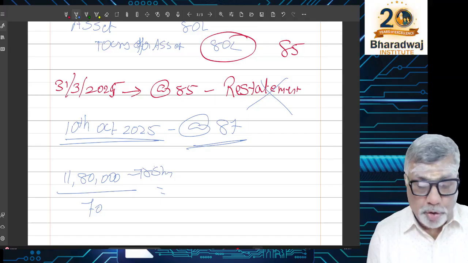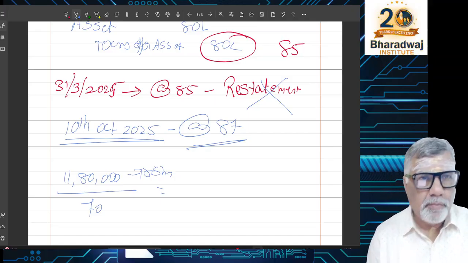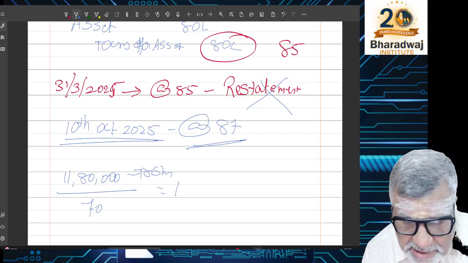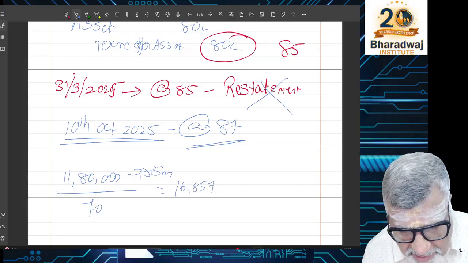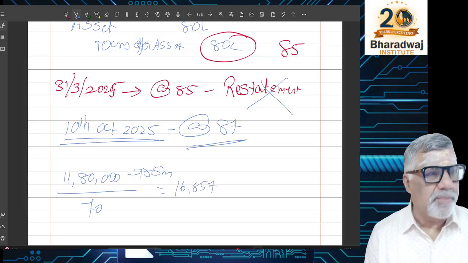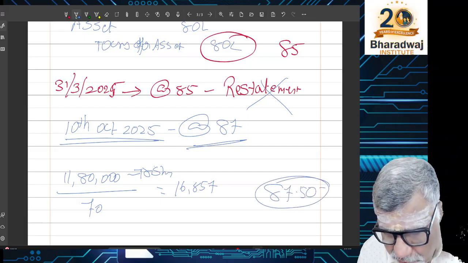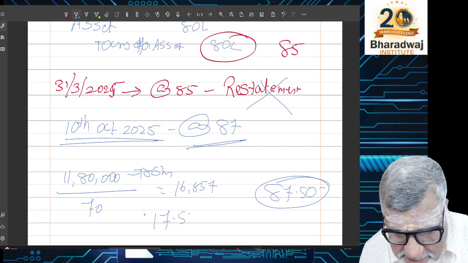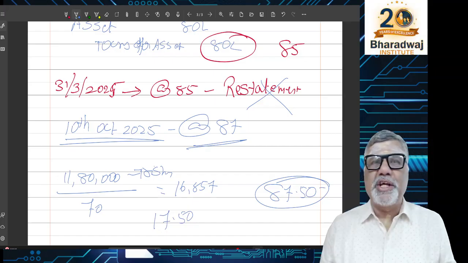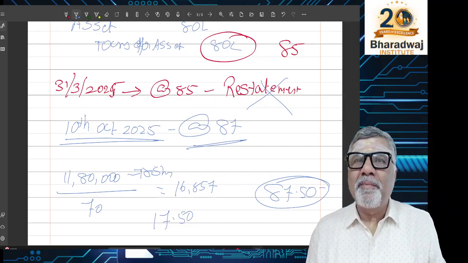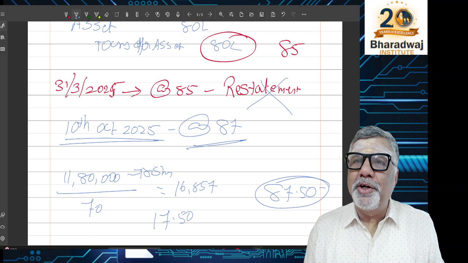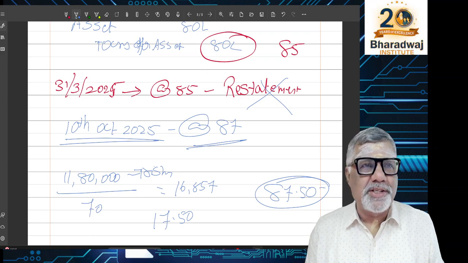This comes to 16,857 euros or so. Now I am paying 87.50. That means 17.50 higher, and this will be included in the cost of the asset.